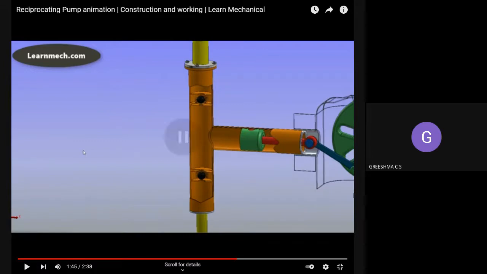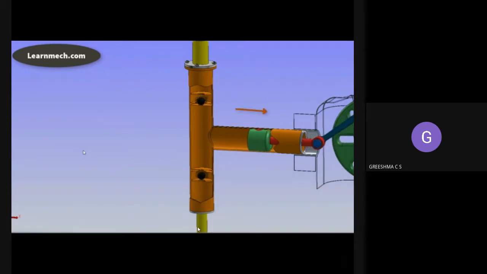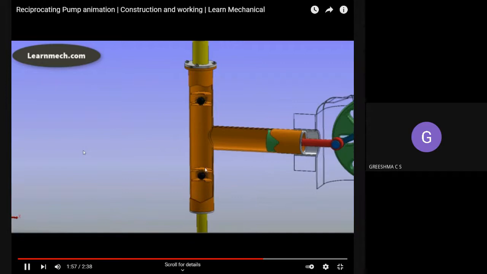By this action, a vacuum will be created over this area, so the water will be pumped up through the suction valve.